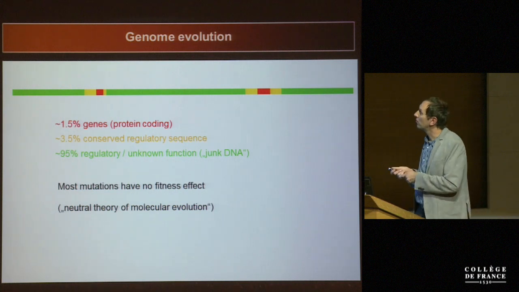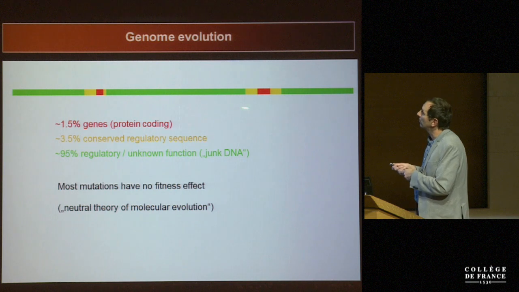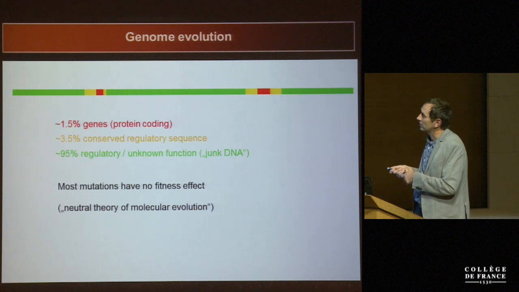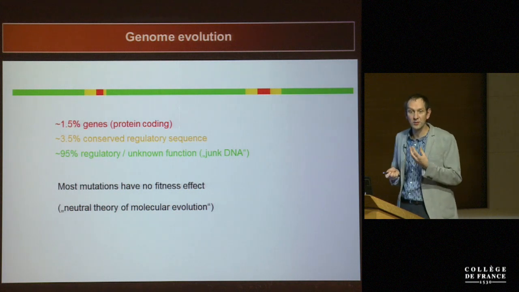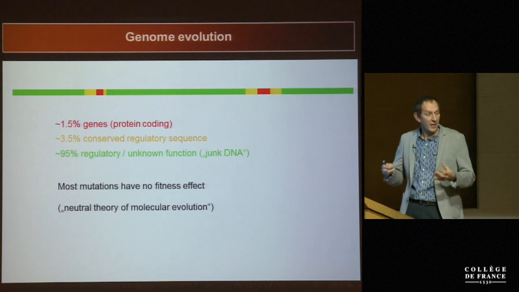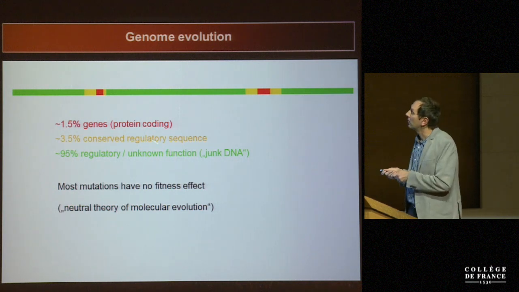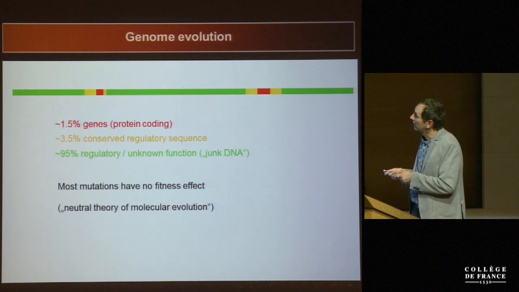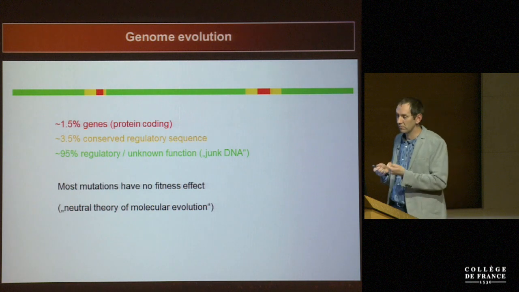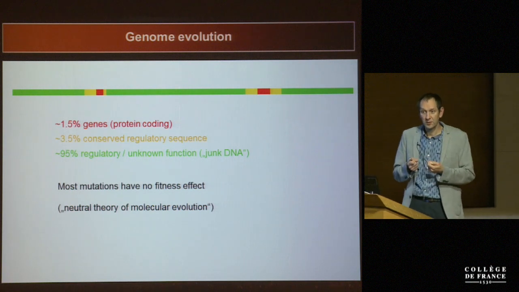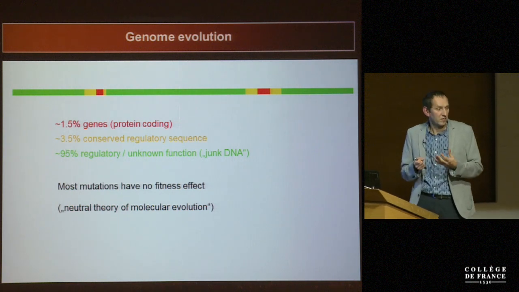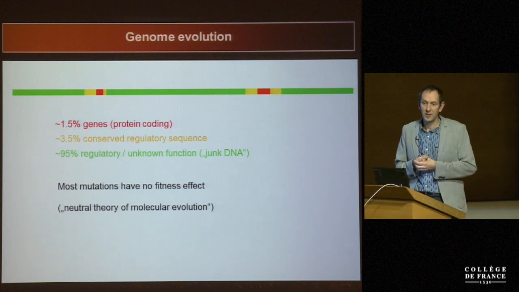They occur mostly randomly across the genome, and only in rare cases will they hit what is usually considered a gene, a protein-coding region of the genome that is translated into functional units. Most of these mutations occur in the yellow and the green parts here, which either have regulatory function or have no known function to date.